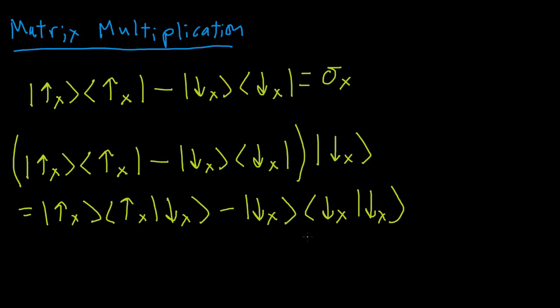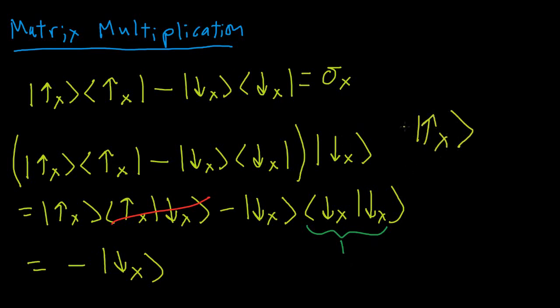Right? And then this right here is 1, but this right here is 0. So this whole thing then equals just negative the spin down state in the x direction, right? And likewise, if you were to put in the spin up state in the x direction, then you would have just got the same state out. Because see, there's a negative here, but there's no negative here. In any case, so this result is just exactly the same as this equation that we already had.